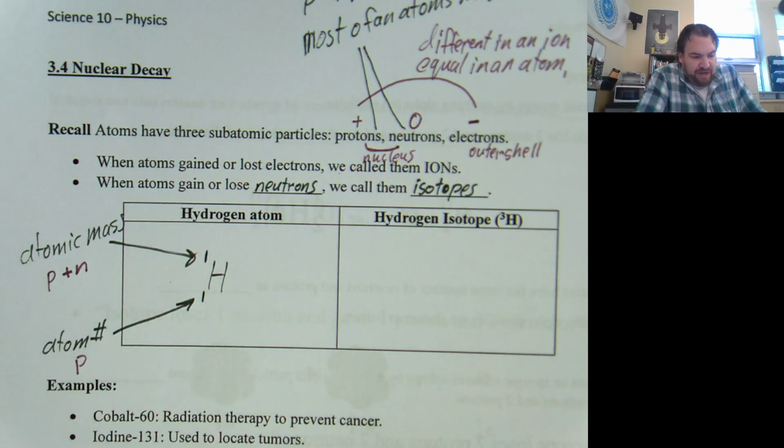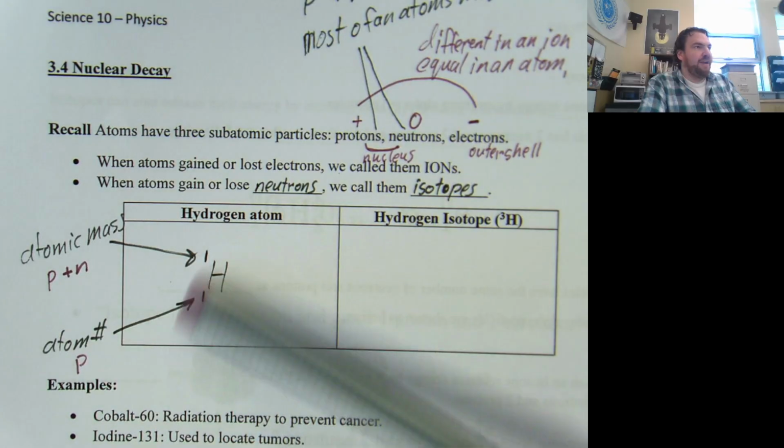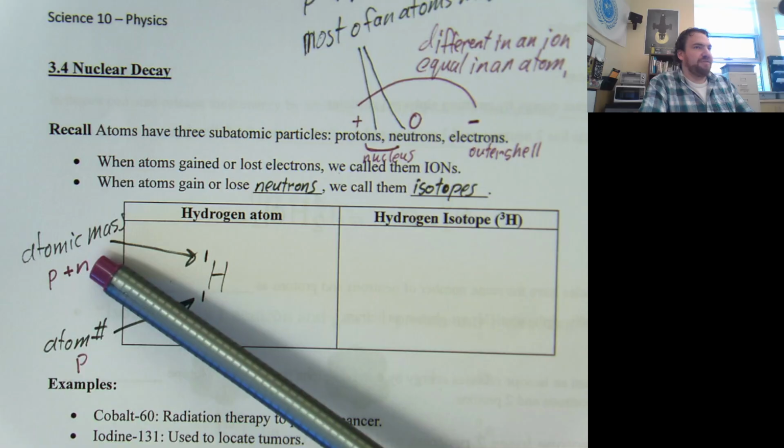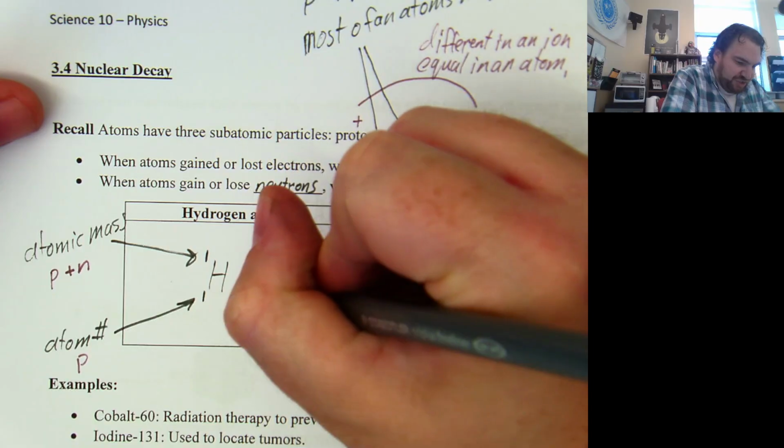So what can you tell me about the number of neutrons in a hydrogen atom? There's 0. Because the mass and the atomic number are both 1, that means there's 1 proton, no neutrons. So this thing has 1 proton, 0 neutrons.